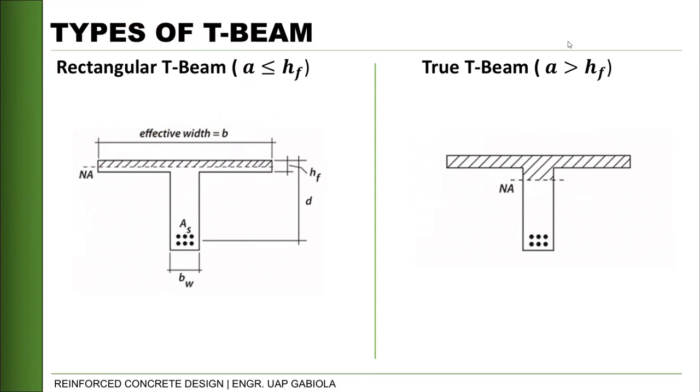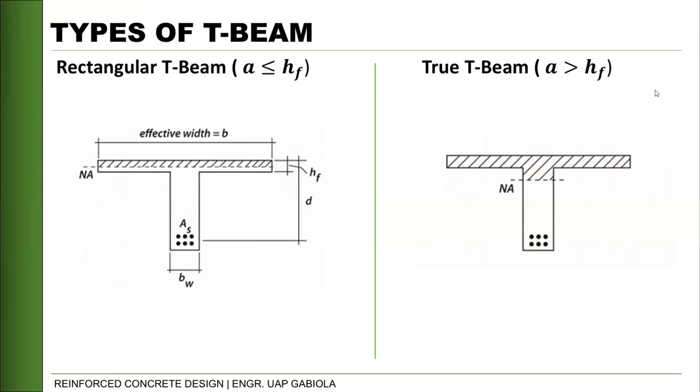Okay? And then, yung other type is tinatawag nating true T-beam wherein nag-exceed naman ng height ng flange, o ibig sabihin ng height ng web natin, yung mismong compression block natin or yung neutral axis natin. It means na hindi lang flanges ngayon yung portion o location ng neutral axis natin. May somewhere below nung ating slab is meron tayong ginagamit na portion na nagko-compression dun sa T-beam natin.